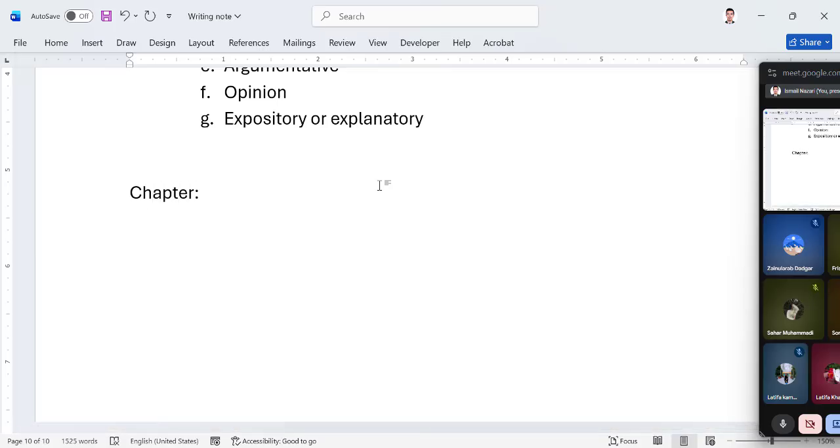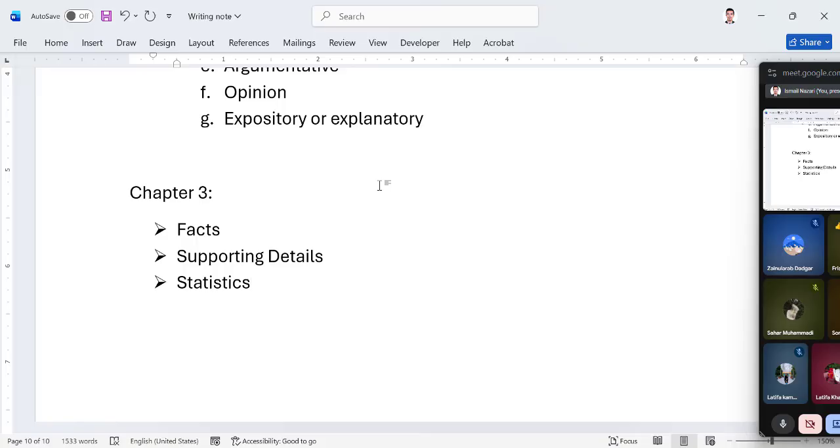Chapter 3 will mainly focus on facts. What are facts? What are details? Facts, details, or supporting ideas. Supporting details, it's also called that. Then it talks about statistics.